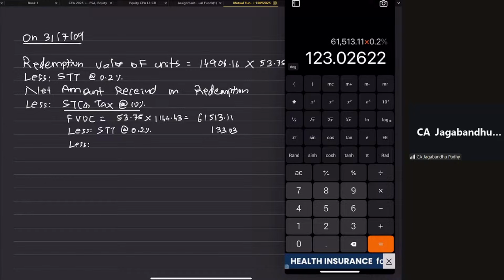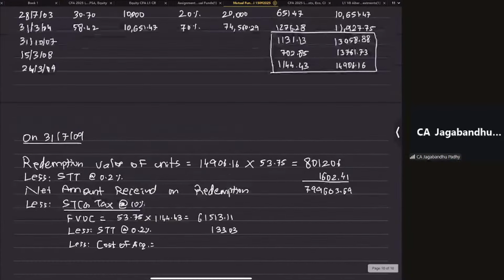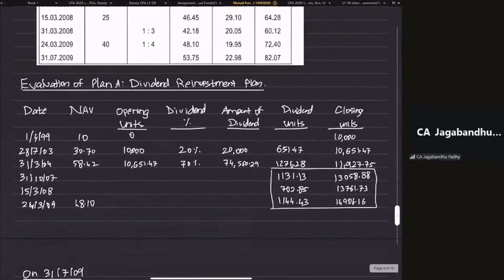And then further, we also have to subtract the cost of acquisition. So what's going to be your cost of acquisition? The units that we have received, which is 1144.43, these units were allotted to us at a cost of 48.10, right? When the NAV was 48.10, the units were allotted to us.